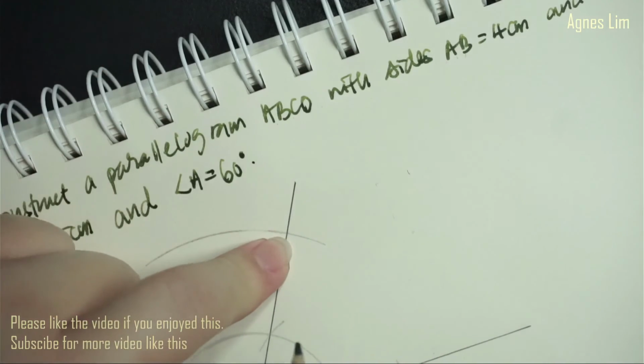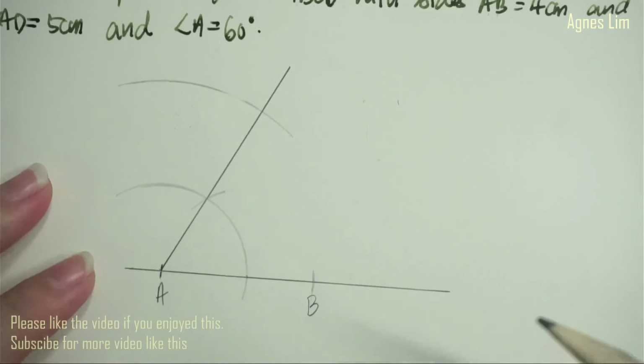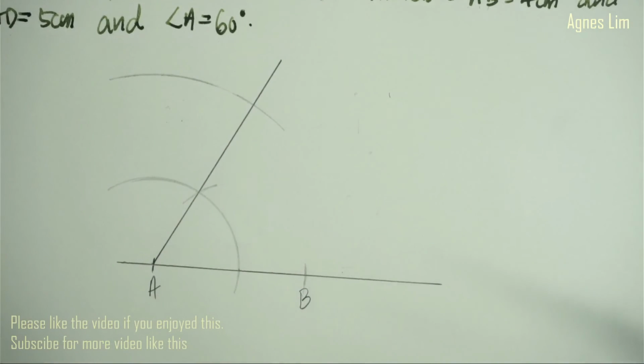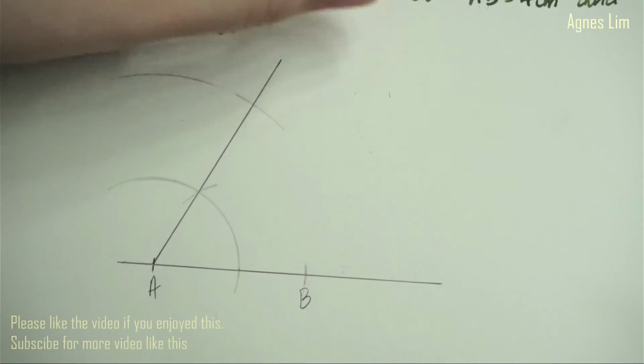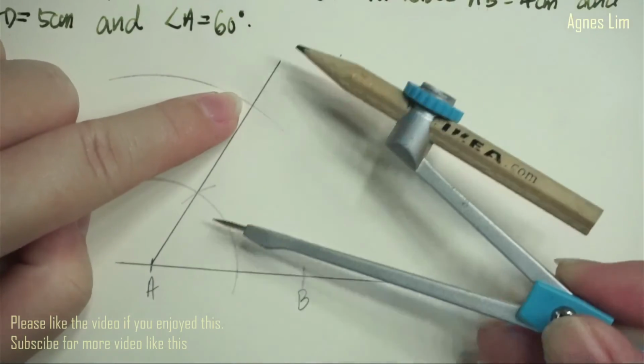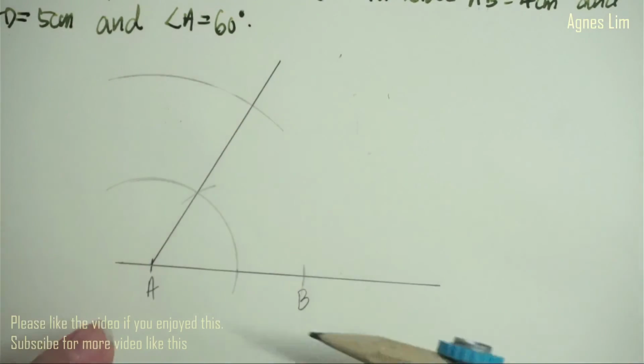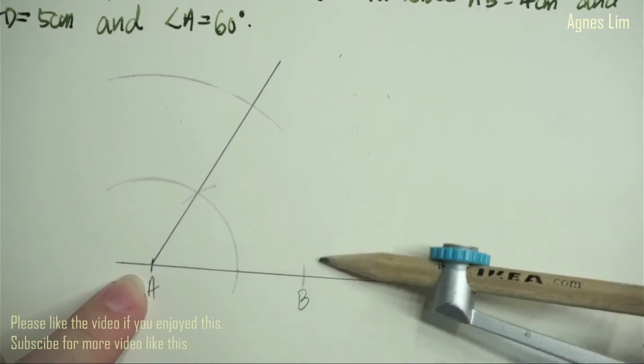So this will be D. Right? Now parallelogram means that we have the same sides. So 4 centimeters here means that 4 centimeters will be along here. Okay, along here, and then we have 5 centimeters along here as well.